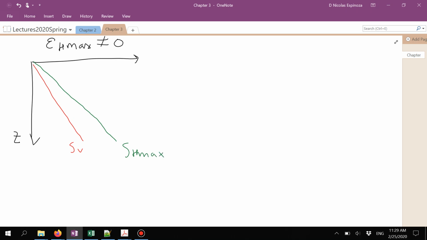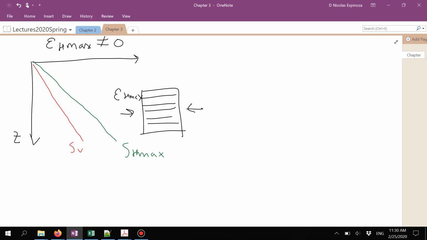I'm not going to draw the minimum horizontal stress just to make this plot a little bit easier. So if we have a tectonic strain in this case, which is pushing these layers, I'm just going to draw this schematic to remind you that we are applying a loading in horizontal direction to this sedimentary basin.